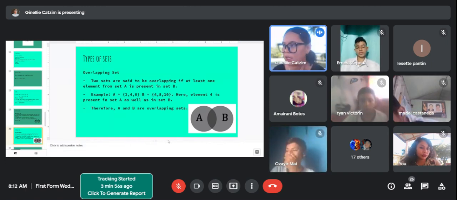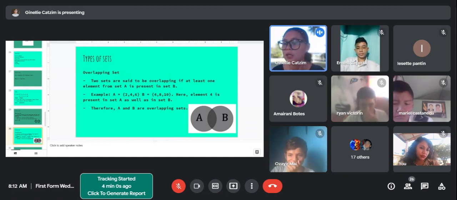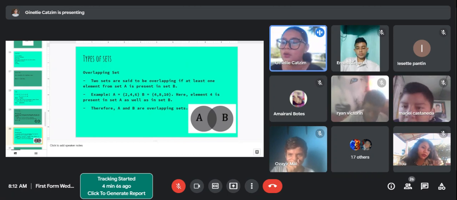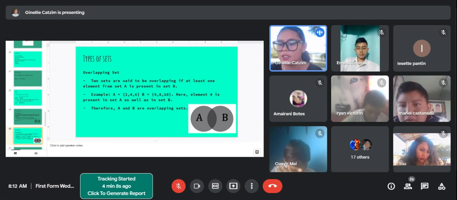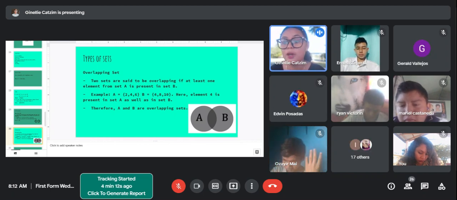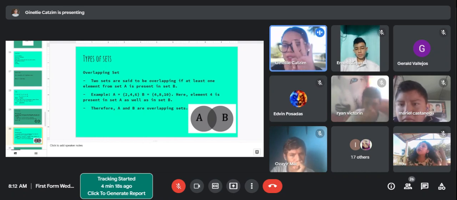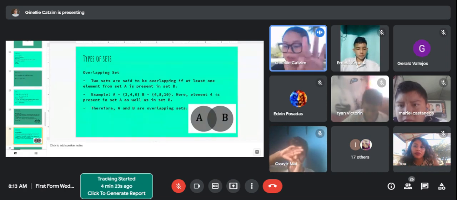Okay, so overlapping sets. What could be an example of an overlapping set? Maybe my name is Janelle, right? It has 8 letters. It starts with a G. Whose name in the class has a letter G present? Gerard, right? So Gerard has the G, the E, and the L. That will be 3 elements that are the same, right?